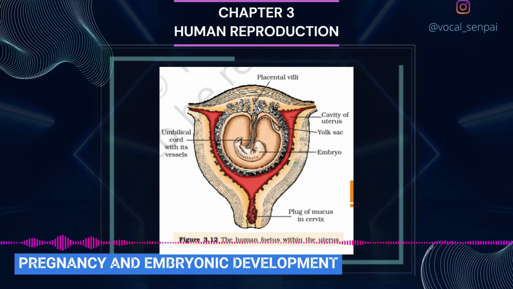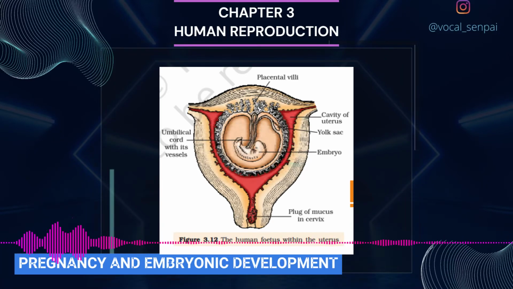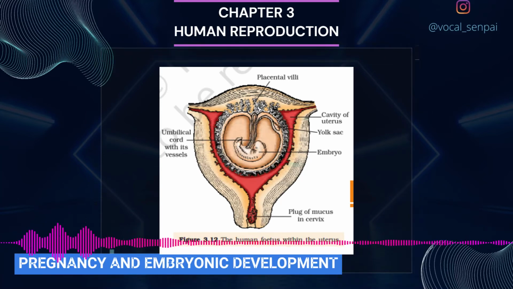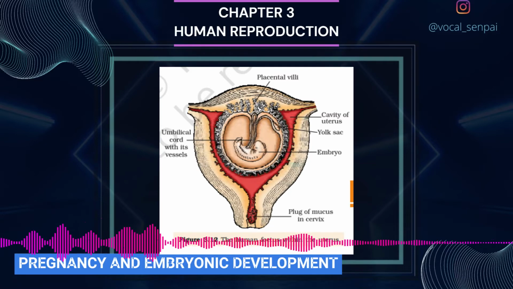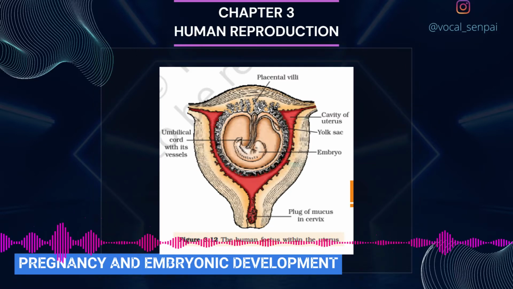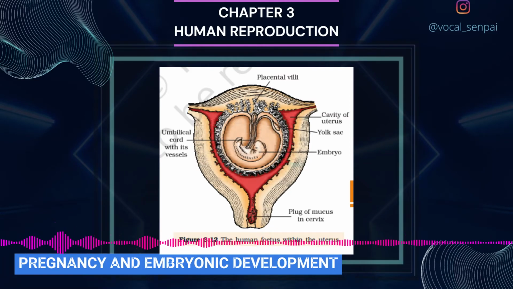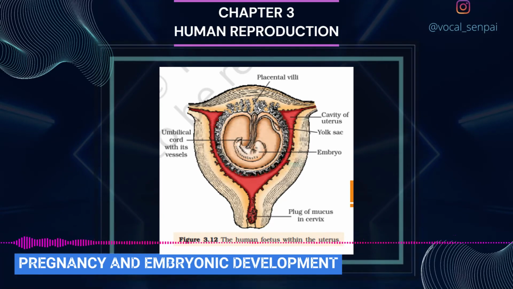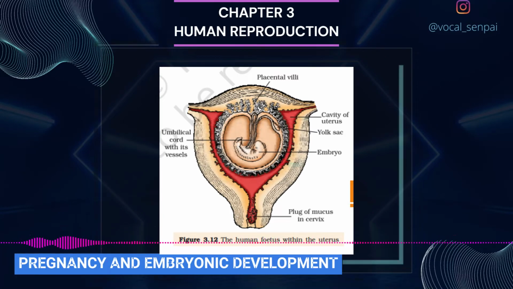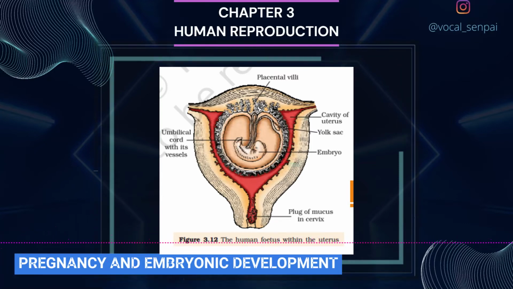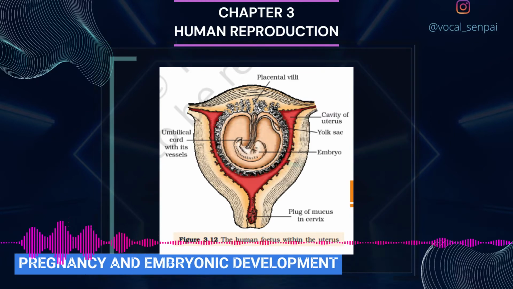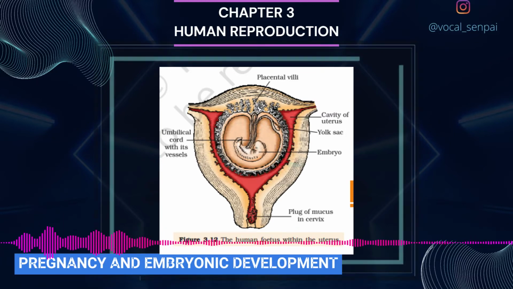The placenta is connected to the embryo through an umbilical cord which helps in the transport of substances to and from the embryo. Placenta also acts as an endocrine tissue and produces several hormones like human chorionic gonadotropin, HCG, human placental lactogen, HPL, estrogens, progestogens, etc. In the later phase of pregnancy, a hormone called relaxin is also secreted by the ovary.